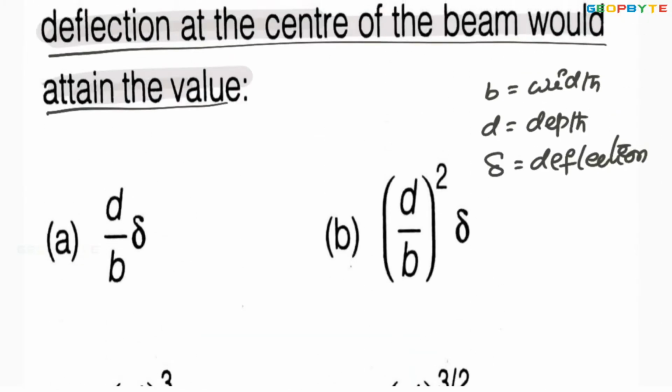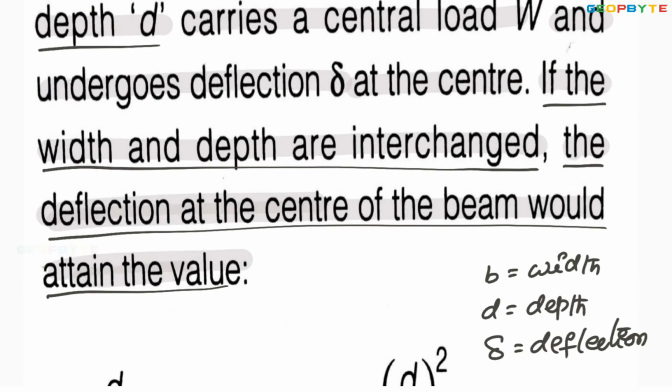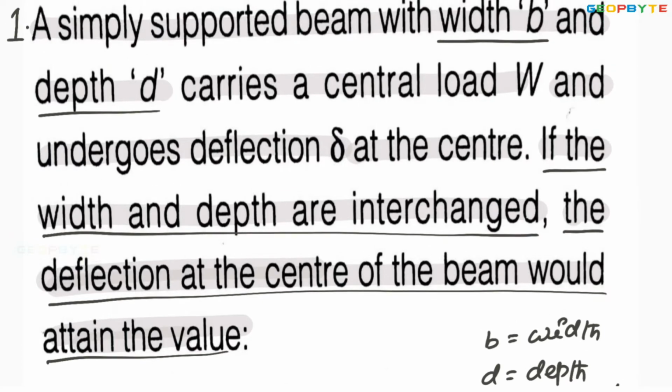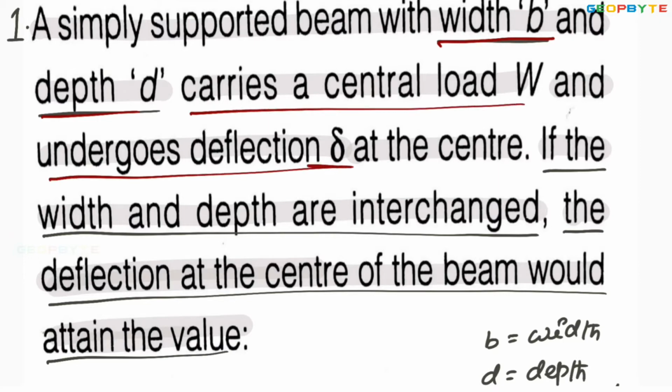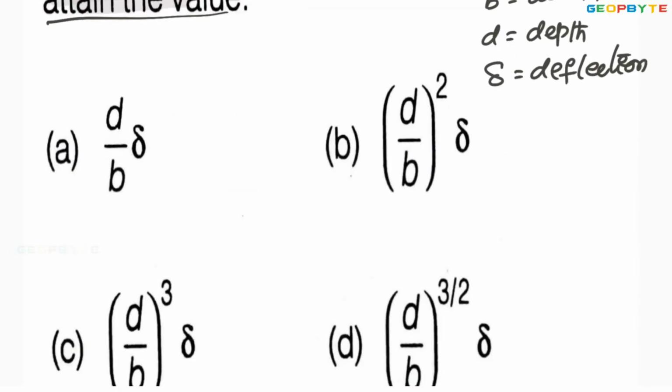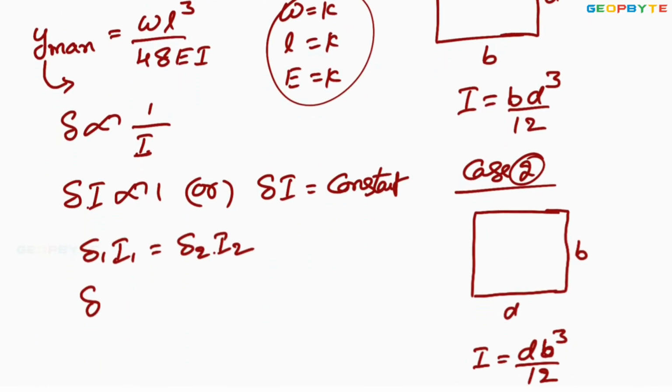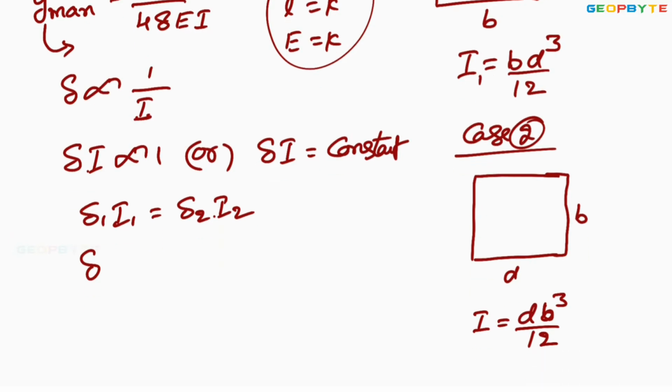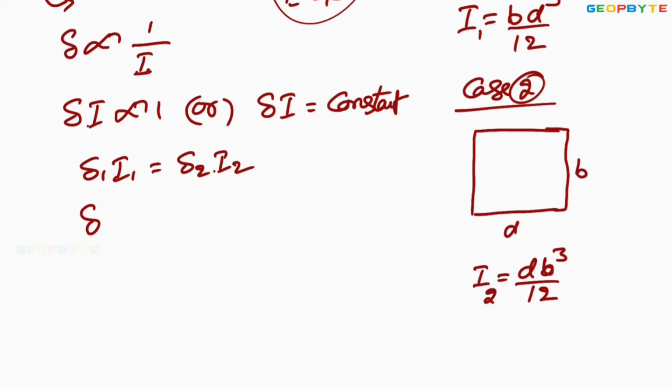Look at the diagram, look at the problem. When the width is B and depth is D, the central load undergoes a deflection delta. This is I1, this is I2. So I1 equal to B d cube by 12.